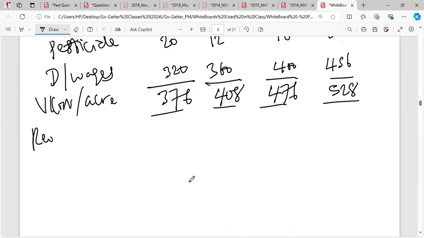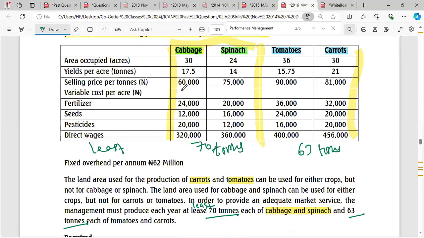Revenue. So what's our revenue here? We have selling price per ton. So what we are doing is this selling price per ton, which is 60, multiplied by this number of tons, multiplied by this area.